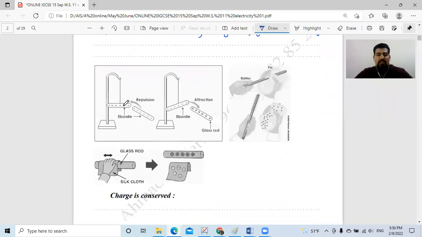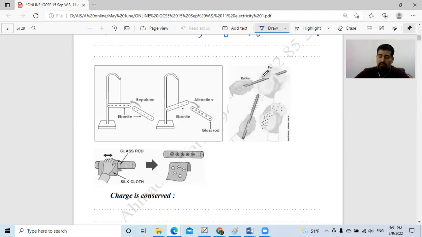So if I bring two ebonite rods, a type of plastic, that are negatively charged, and bring them close to each other, I can see that if one is hanging, it will move away. Why? Because they have the same charge, so they repel each other. But if I have ebonite and glass, one negative and one positive, there will be attraction between them because they have unlike charges.